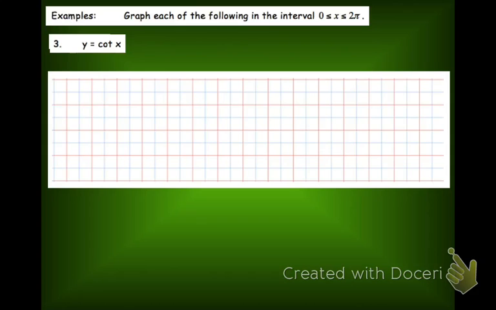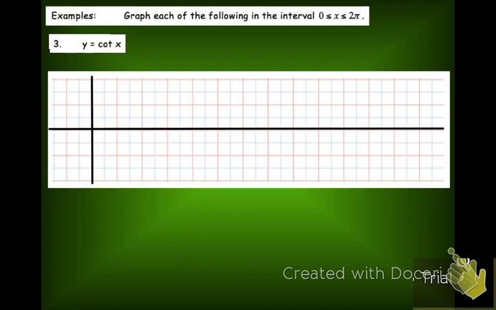The last one is graphing cotangent. Now cotangent's a little bit different because it doesn't have that sinusoidal shape to it. So I'm going to put my axes in and label them, as you should as well.